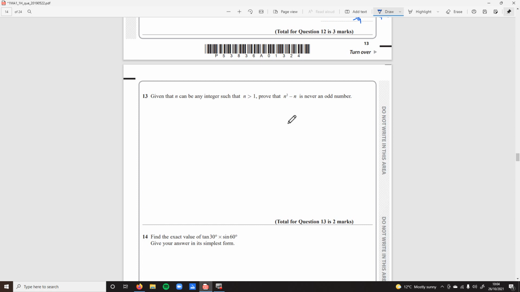Given that n can be an integer such that n is greater than 1, prove that n squared minus n is never an odd number. We got a problem.